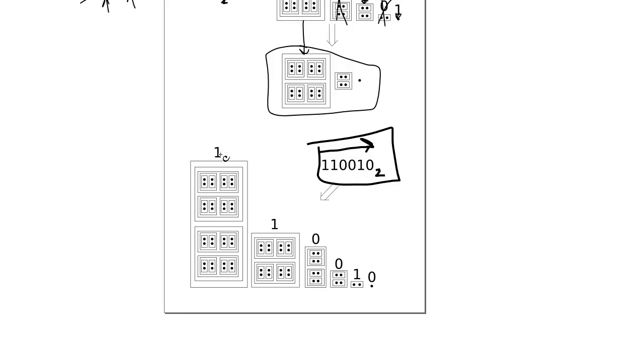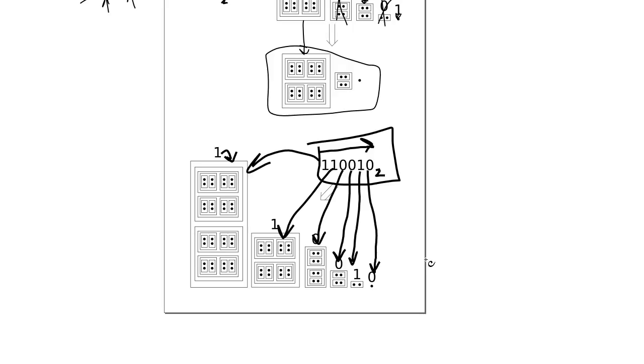It means I've got 1 of the largest package size that I'm working with in the current context. Then I've got 1 of the next smaller size, 0 of the next smaller size down, 0 of the next smaller size down, 1 of the next smaller size down, and then 0 of the single unpackaged marbles.